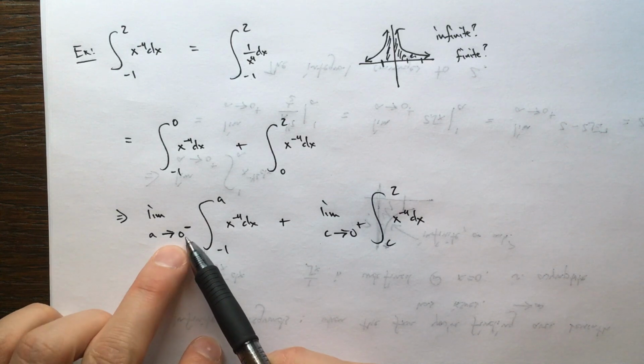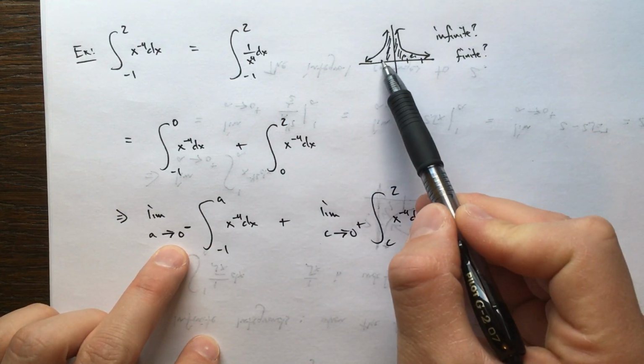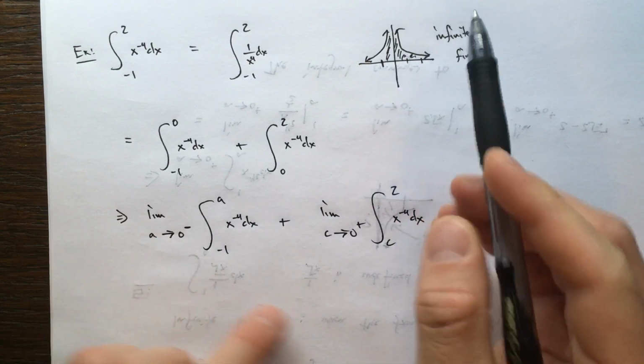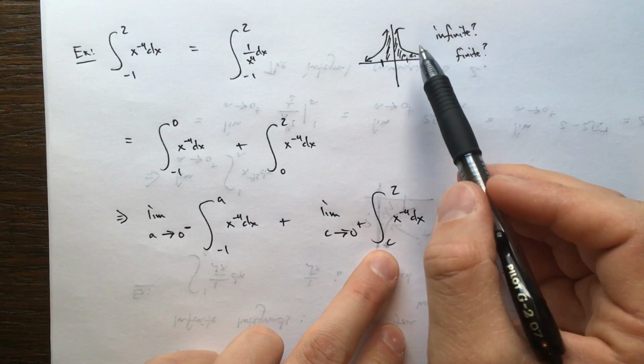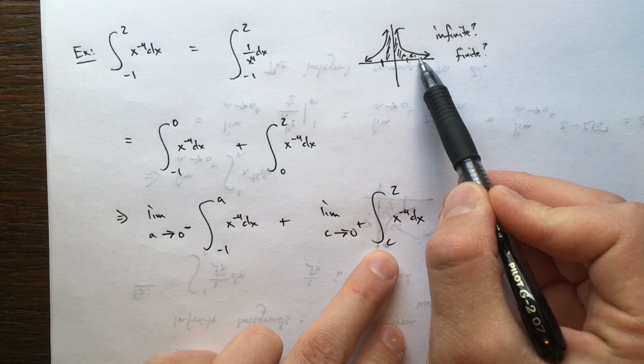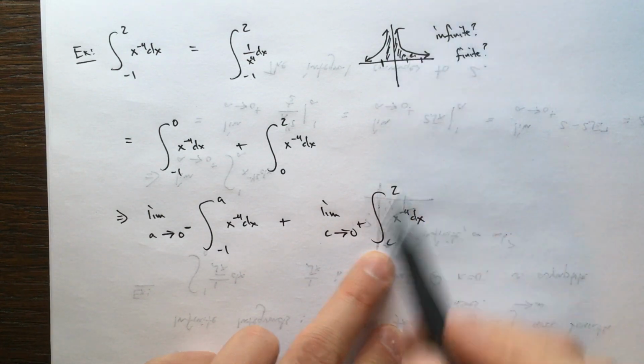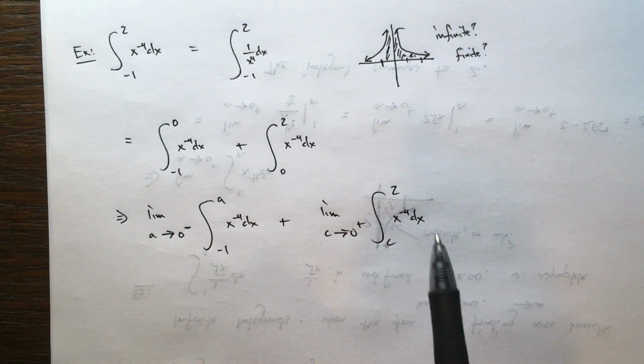So limit from the left, because I'm going from -1 to a, so I'm approaching from the left. From the right, because I'm going from c to 2. So I'm not coming from this side, I'm coming from this side. So that's why I'm coming from the right on this one.